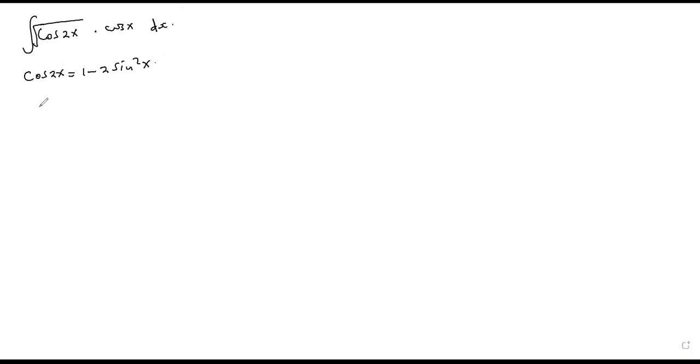So this implies that here we shall have the integral. Instead of writing this, we're going to write the root of 1 minus 2 sine squared x times cos x dx. So this part only is taking up the sine substitution way.